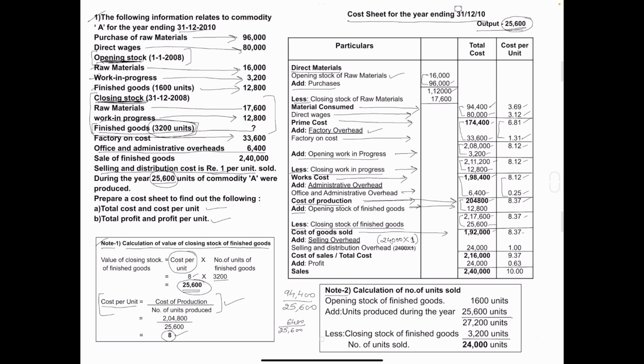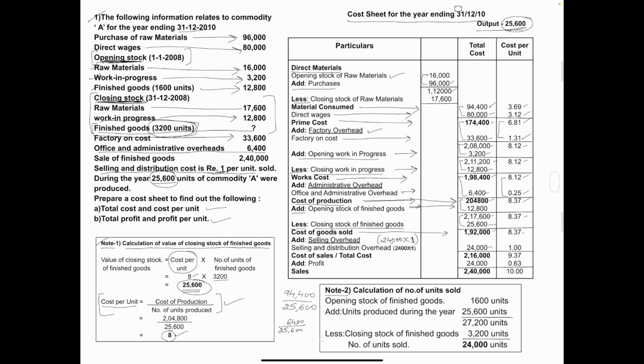So the selling and distribution overhead amount is what? ₹1 per unit sold, and in this year they have sold 24,000 units. So write here add selling overhead, and below that write selling and distribution overhead, and in bracket write how many units they have sold, 24,000. So write here 24,000 into 1, and the amount is 24,000.